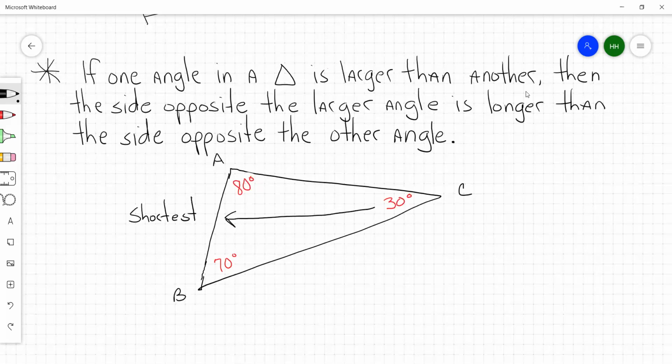Why? Very good. It's opposite the largest angle. All right, so if you can determine the shortest and you can determine the longest, well, the other one is your middle length side, right? Everybody okay with that?